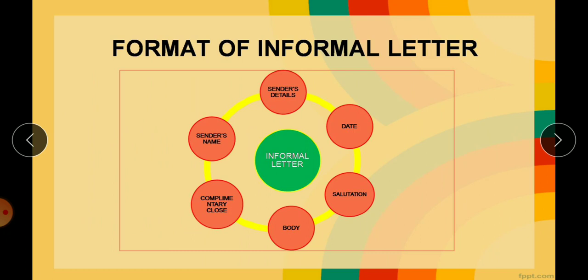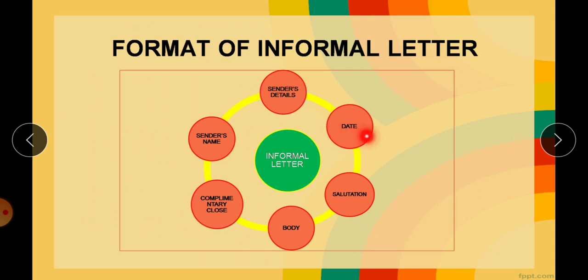Now, coming to the format of informal letter. Informal letter is having these components. In red circle, you can see there are components like 1, 2, 3, 4, 5, 6. There are 6 components it is having. Sender's detail. So we'll start with the first one. That is sender's detail.